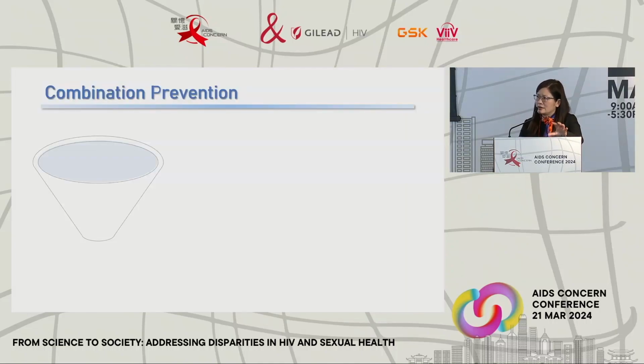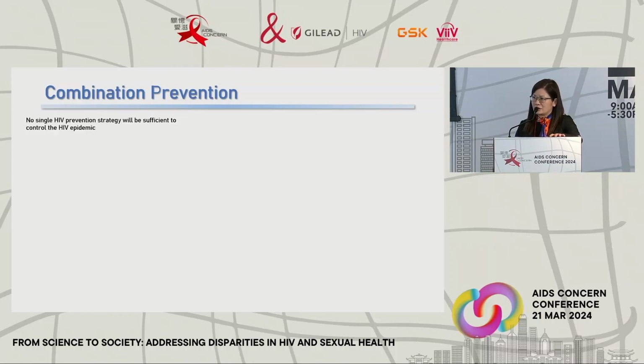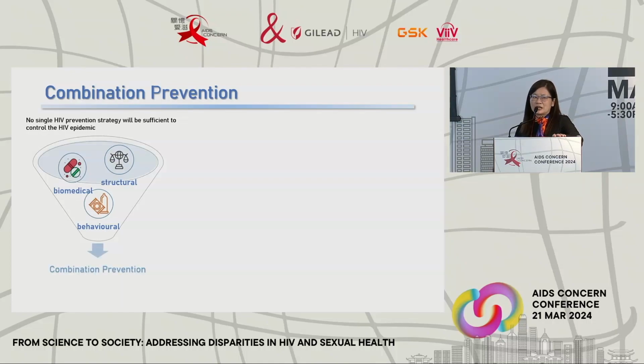So in summary, no single HIV prevention intervention can be sufficient to control the whole epidemic. In other words, we have to combine them to achieve the greatest sustained impact.